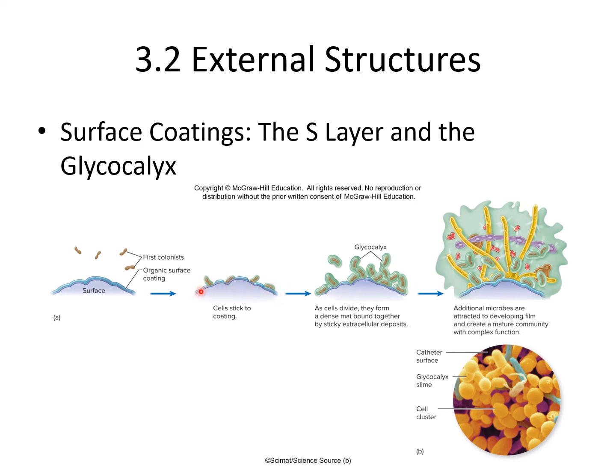Their glycocalyx now offers them protection and offers sites for other bacteria with glycocalyces to adhere to. And as more and more bacteria adhere, their glycocalyces kind of fuse, and then you get this big biofilm, this overgrowth on your teeth and your heart valve, on a catheter, different things.